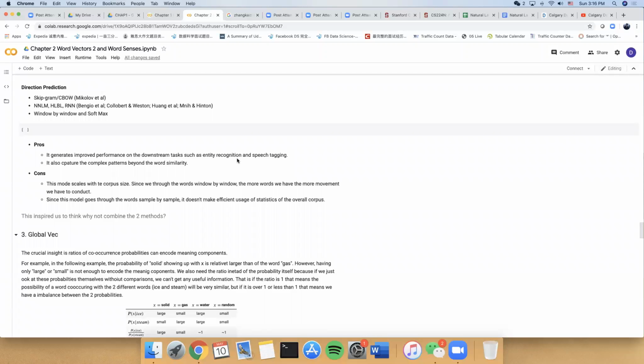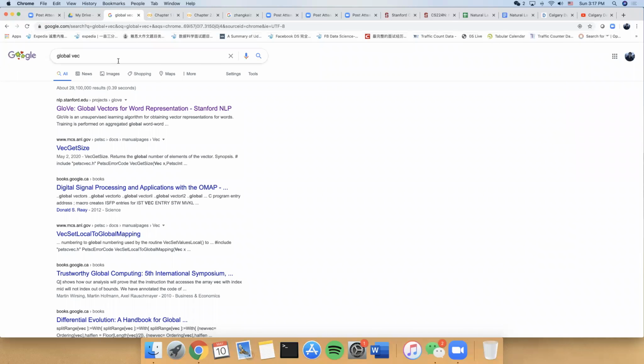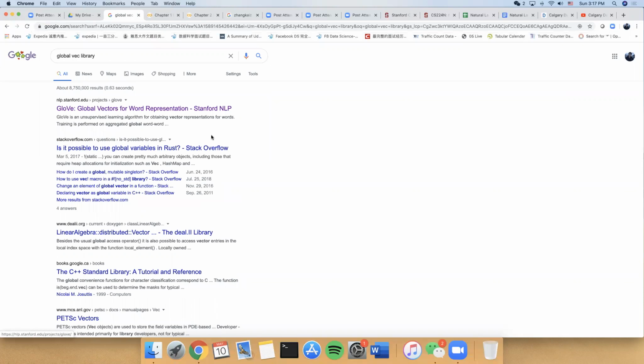So for these different methods, are they in the same Python package or in separate ones? I think they are in separate packages. To be honest, I haven't tried this before, but let me try GloVe. For GloVe, I've used that before.